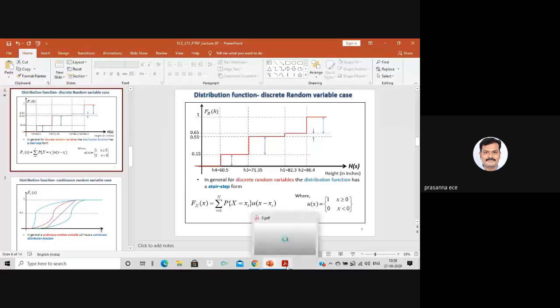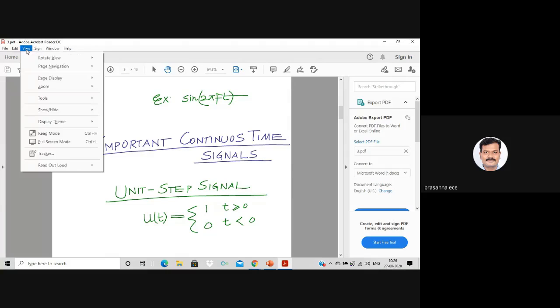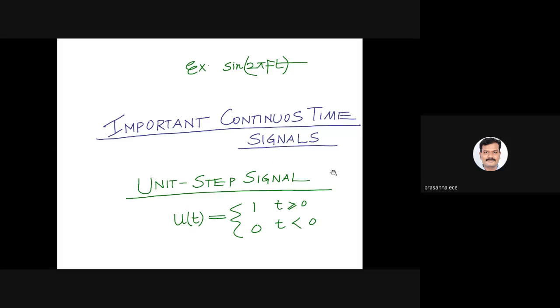I just want you to observe this unit step function. Are you able to see my screen? See the PDF? I'm just going full screen. So what we have here is the unit step signal.